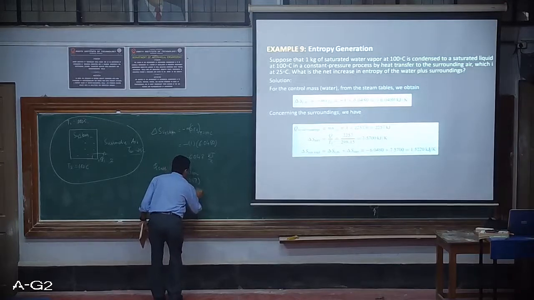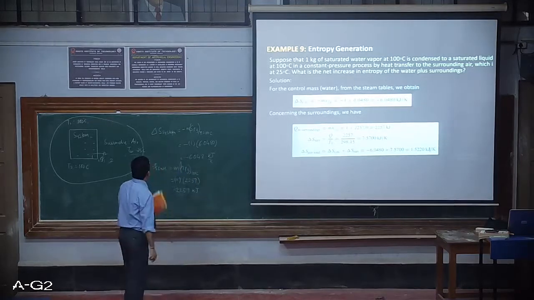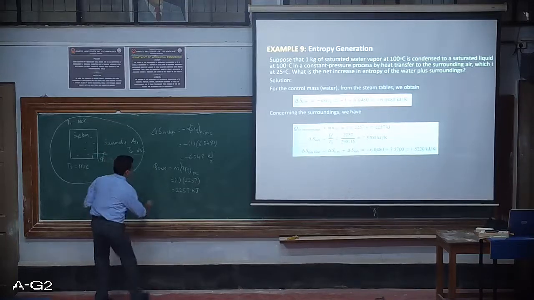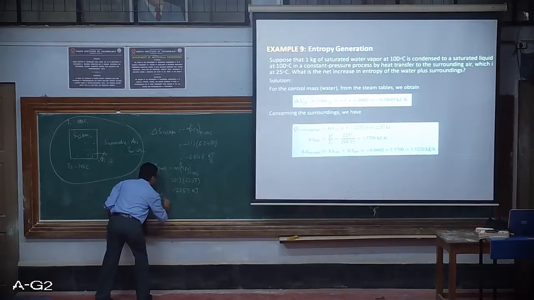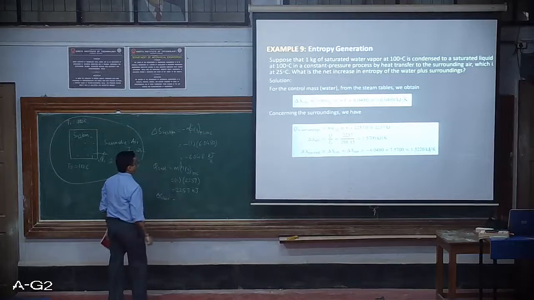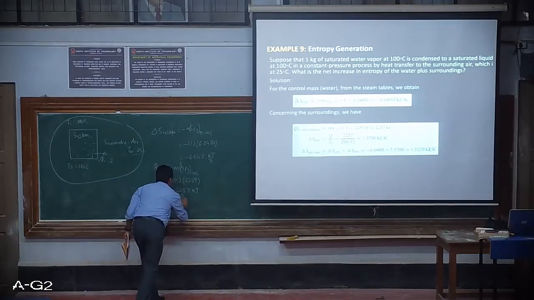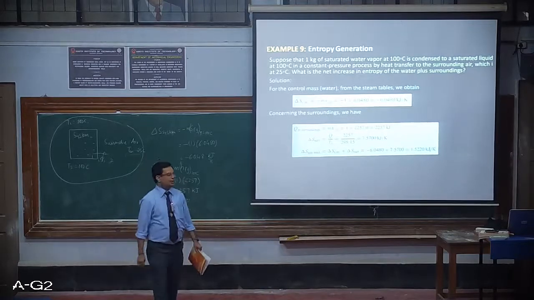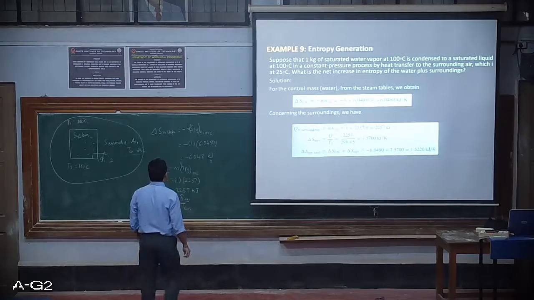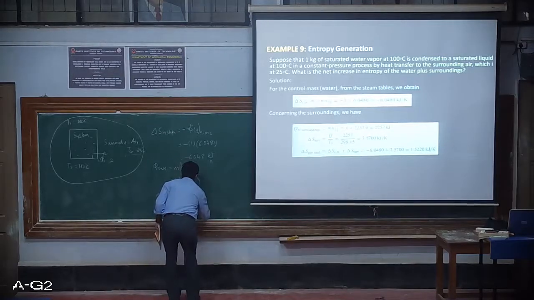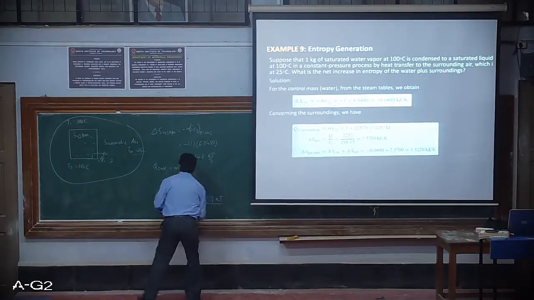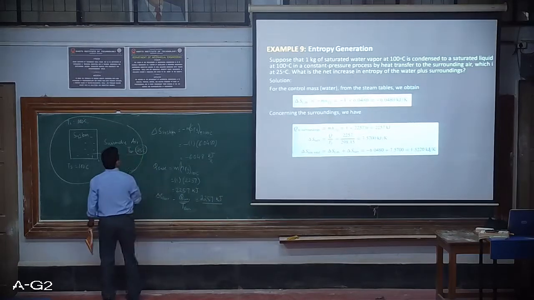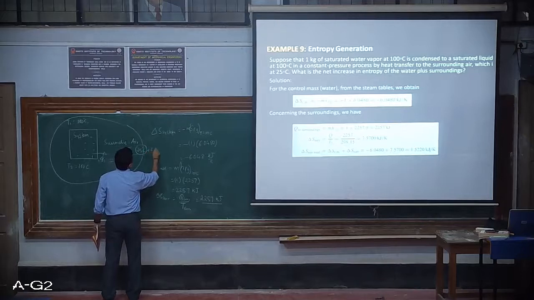2257 kilojoules. Now we need to calculate the value of delta S for the surroundings, which is nothing but Q of the surroundings divided by T of the surroundings, as per the previous numerical. So here we have already calculated Q of the surroundings to be 2257 kilojoules, and the temperature of air, which is 25 degrees Celsius, we need to convert into Kelvin.